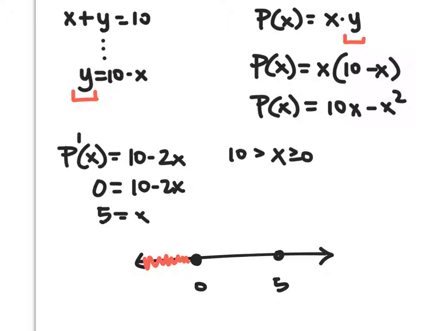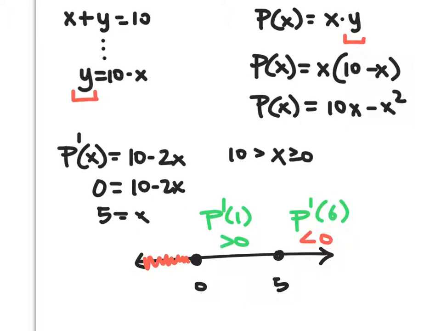So we just need to test these two intervals. We want to find whether p prime is positive or negative here, and the same thing here. So you could take p prime of 1 and p prime of, let's say, 6, and you'll notice that this one would be greater than 0 and this one will be less than 0.